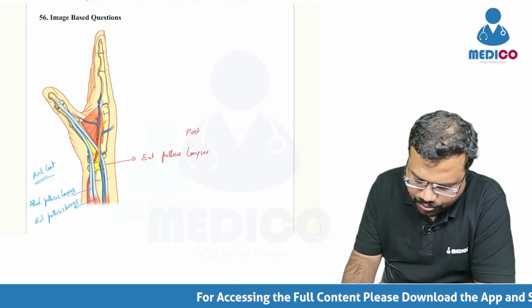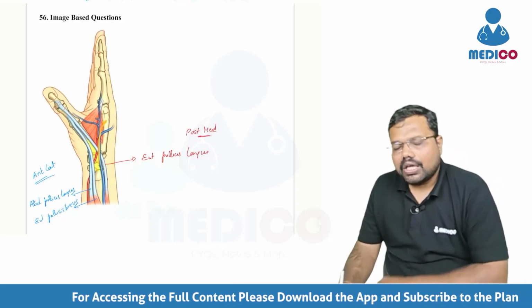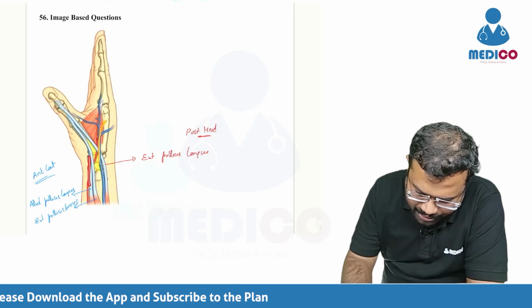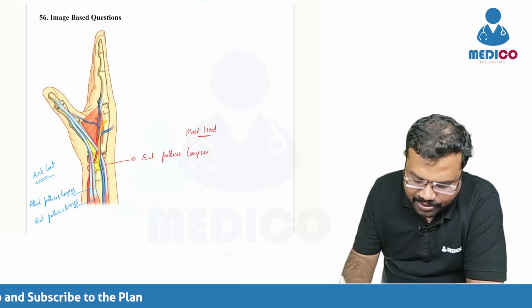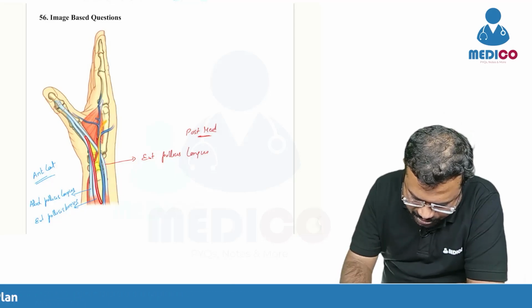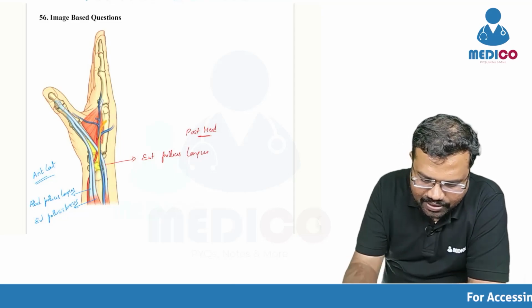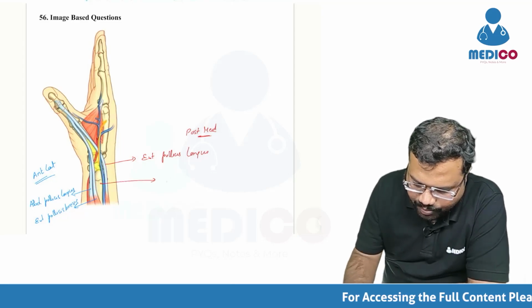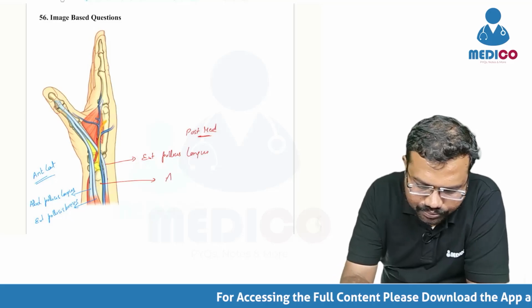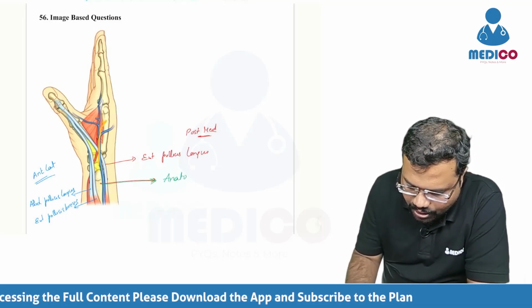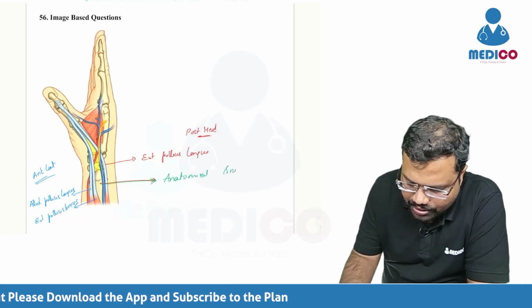Between these groups of tendons, on one side two tendons are present and on the other side the other tendon is present, can you see a space? This space is called the anatomical snuff box.